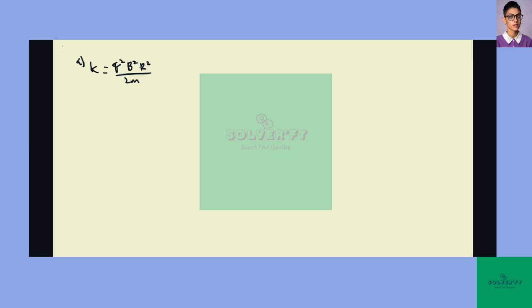Now we want to know what B is, so we can just solve for B. B is equal to the square root of 2Km over qR, if you multiply both sides by 2m and divide by q squared R squared, and take the square root.